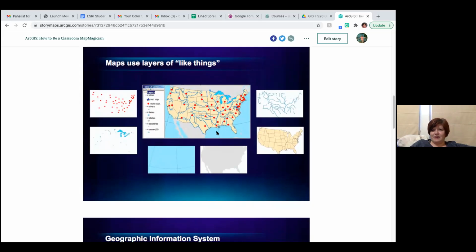If you guys watch the news at all, which I'm sure as social studies teachers you do, you have seen that the county data that they have on maps make it look like Trump won in like Georgia. If you look at Georgia and all of the county data, most of it was red, but it's important to look at those maps and look at population, and GIS can allow us to do that.